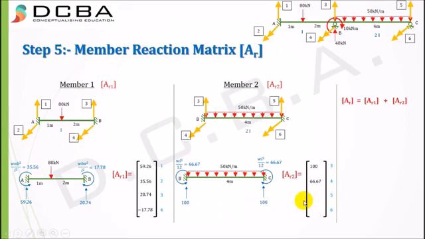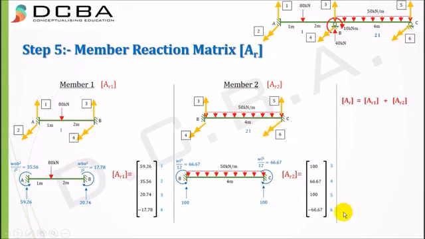Force 5 is again an upward force, which is 100, acting in the same direction as the positive force, therefore it is plus 100. And number 6 is negative because it is a clockwise moment and it does not conform with our positive reference moment, therefore it is minus 66.67.